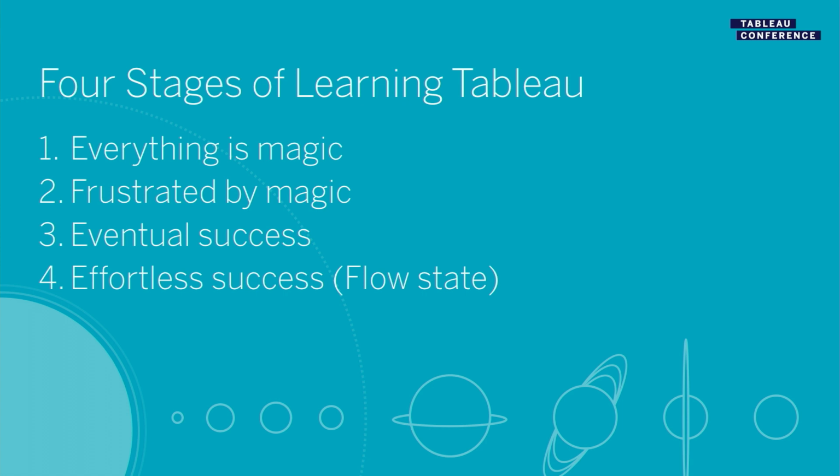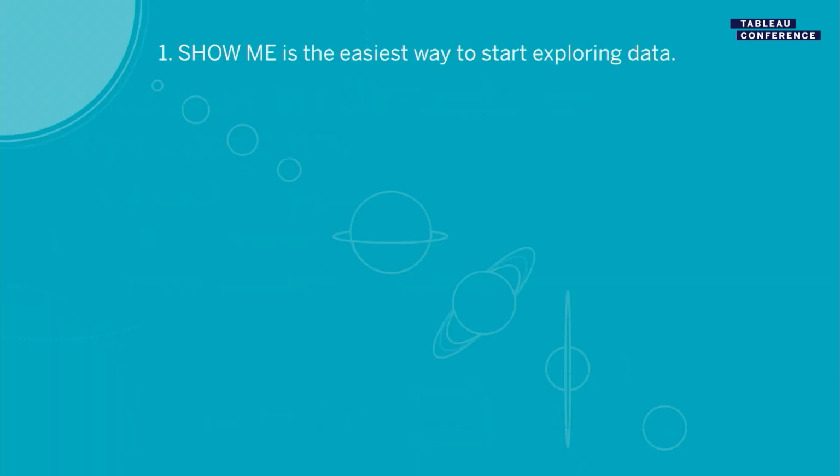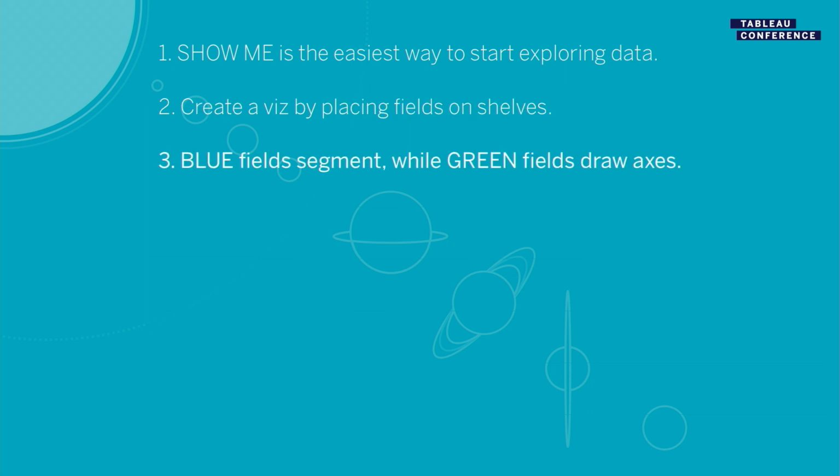So today, to help get you there, we're going to cover 7 important Tableau concepts. The first is Show Me, a tool that helps you get started when you don't even know what you want to see yet. Next is creating a viz. So you know what you want, and you take those fields in Tableau and drag them over to shelves. Then this important concept: blue fields in Tableau segment your data, while green fields draw axes.